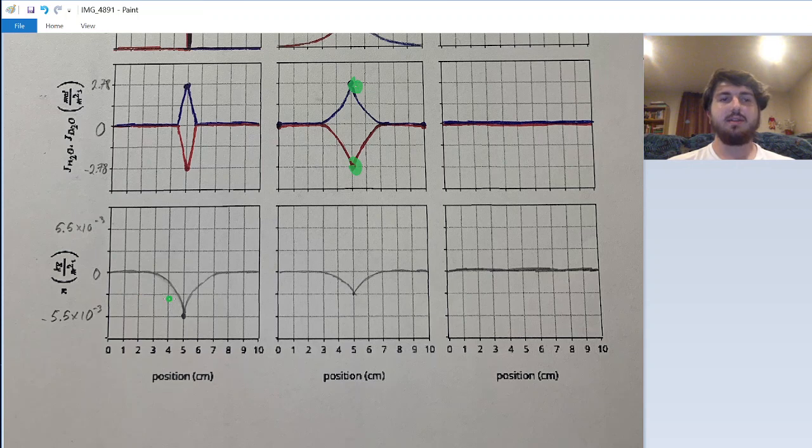For the mass flux, it's a similar situation. We deduced from question 1 that the overall mass flux is negative 5.5 times 10 to the negative third. I just wrote the same thing on the top just to have an opposite end for it. And right here you can see it's again very steep at the beginning because there just wasn't enough time for the mass flux to spread across the entire capillary tube. The divider was only just removed.